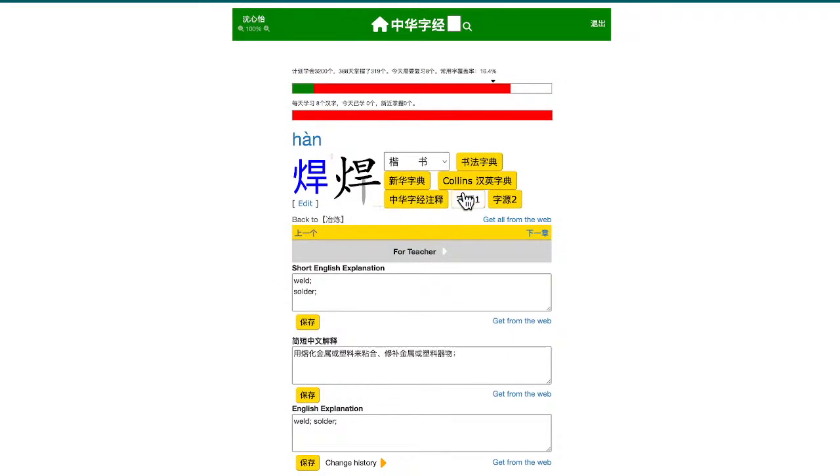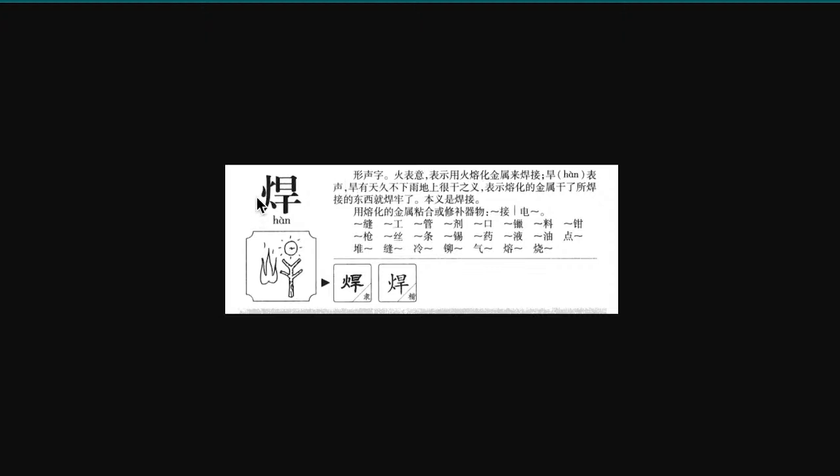All right, let's take a look at the characters. This one has the fire radical on the left, which is obvious because that process needs fire. On the right-hand side is han, which means drought.